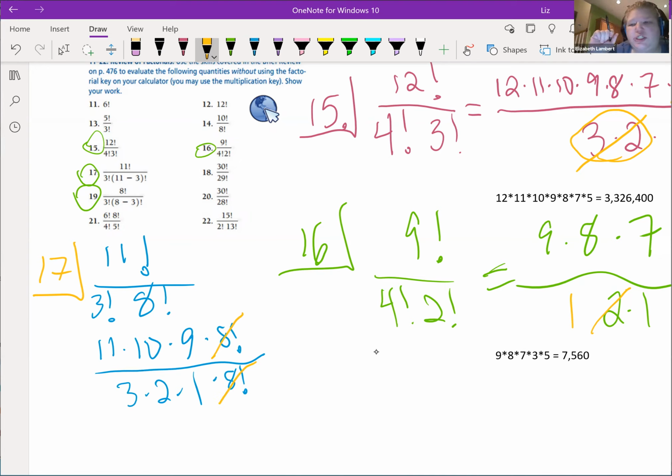This is totally legit to crunch on the calculator: 11 times 10 times 9 divided by 3 times 2 times 1 in parentheses, or divided by 6. But the 3 will cancel with the 9, leaves us with the 3, and the 2 goes into the 10 5 times. So we actually end up with 11 times 5 times 3. So 5 times 3 is 15, and 11 times 15 is 165.